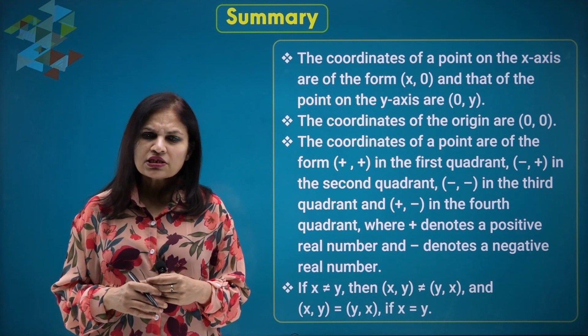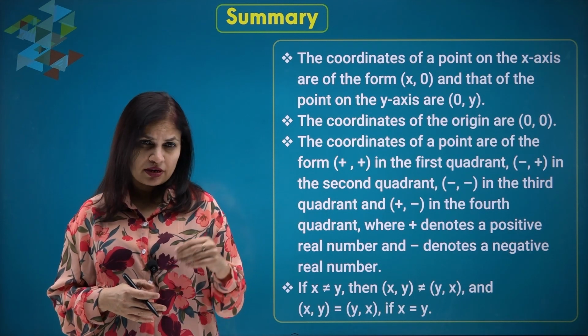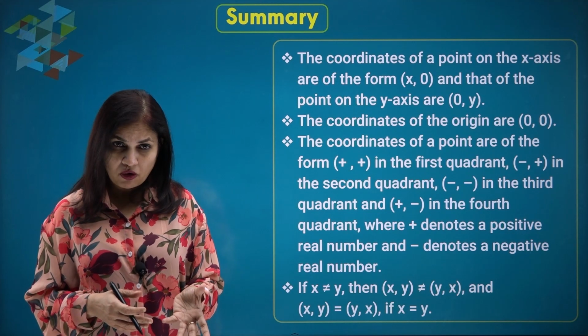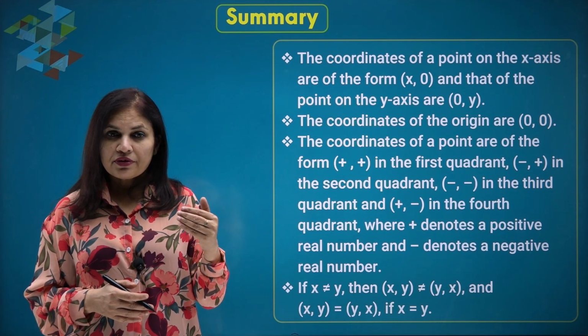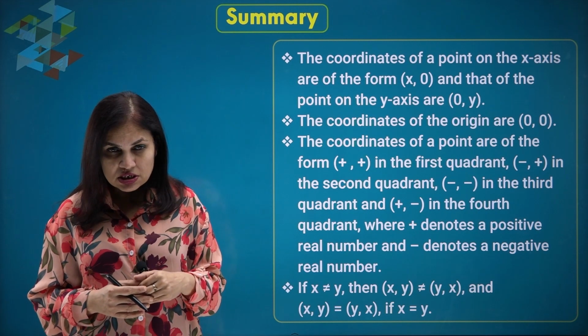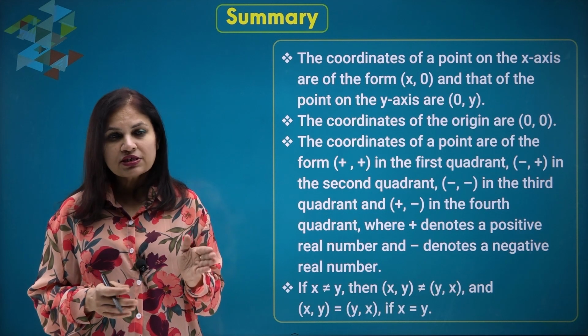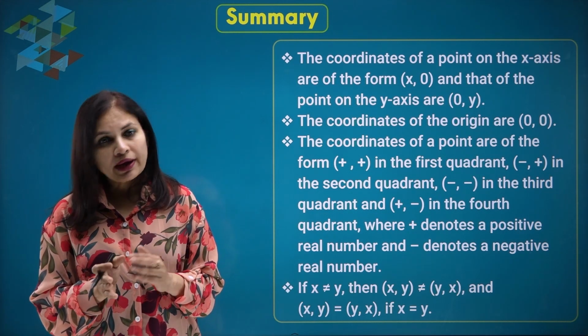Now, the last point, which is very important and very easy to remember, and you can observe it also: what will happen if x is equal to y and if x is not equal to y? If the horizontal distance is not the same as the vertical distance, then obviously x comma y will not be equal to y comma x.